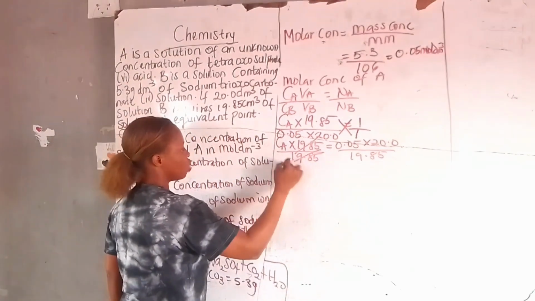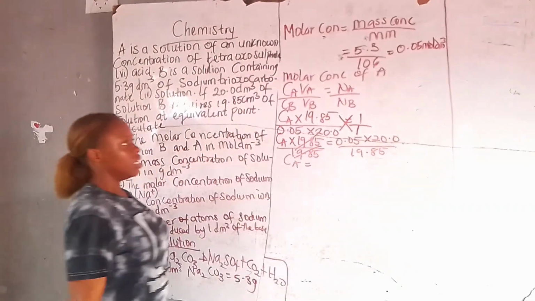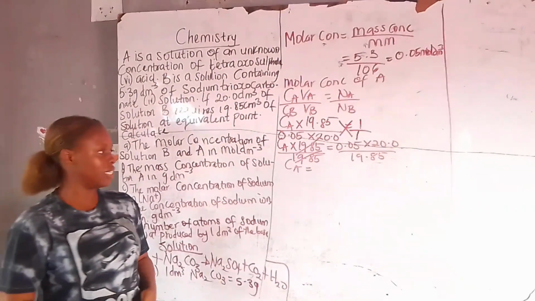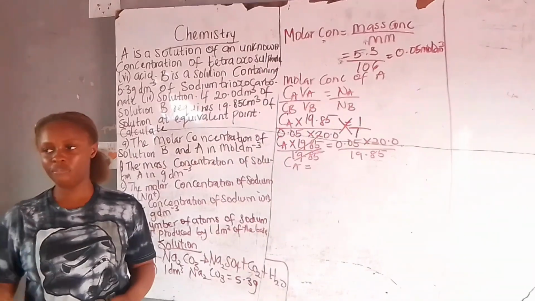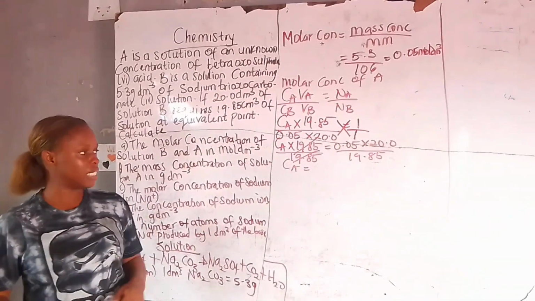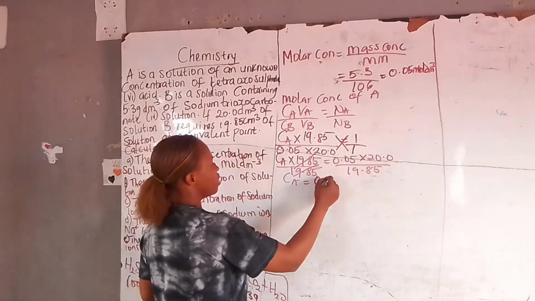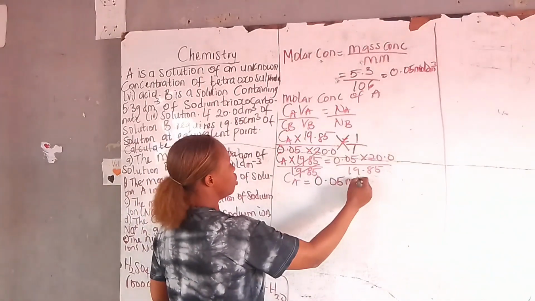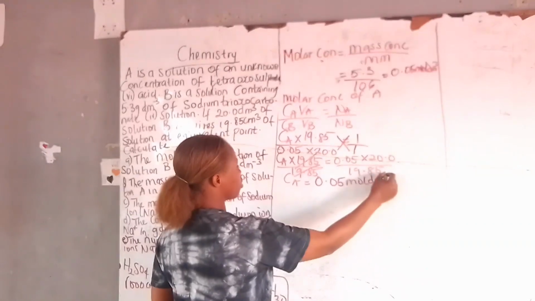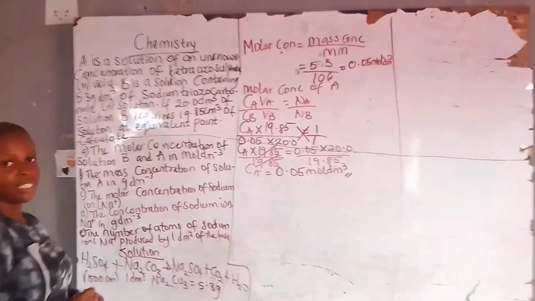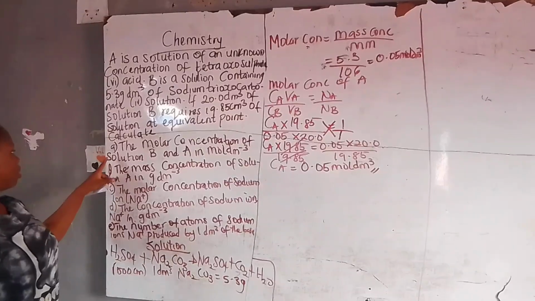This cancels this. So Ca is equal to 0.05 times 20 divided by 19.85, which is about 0.05 mole per dm cube. Now that is the answer for question 1A.